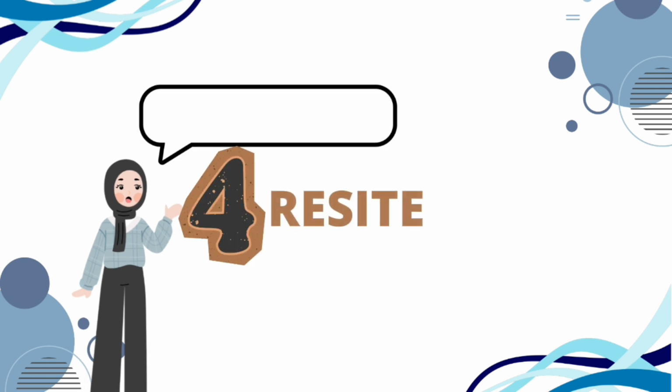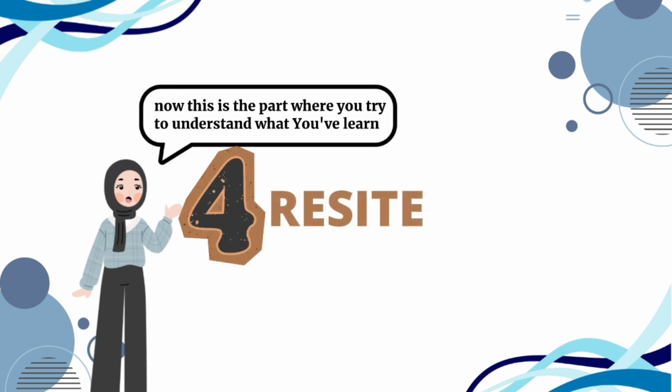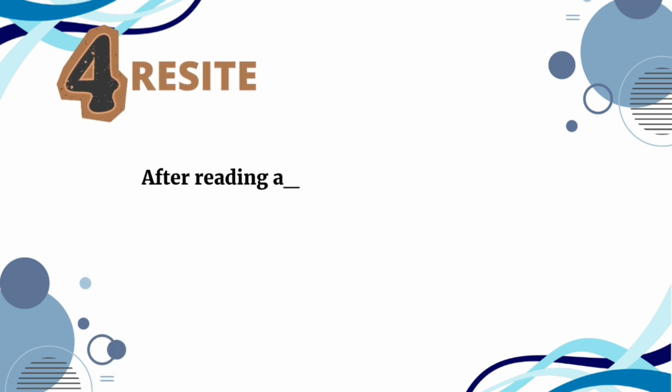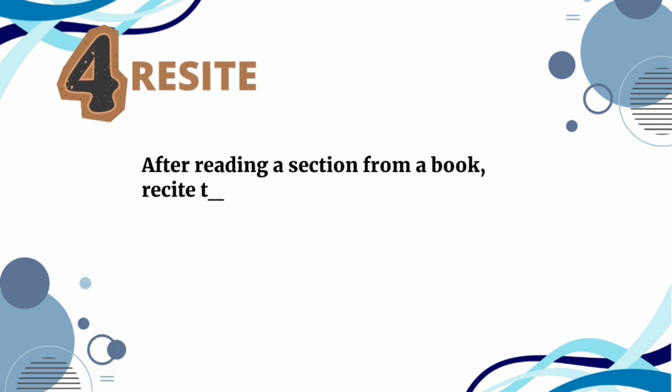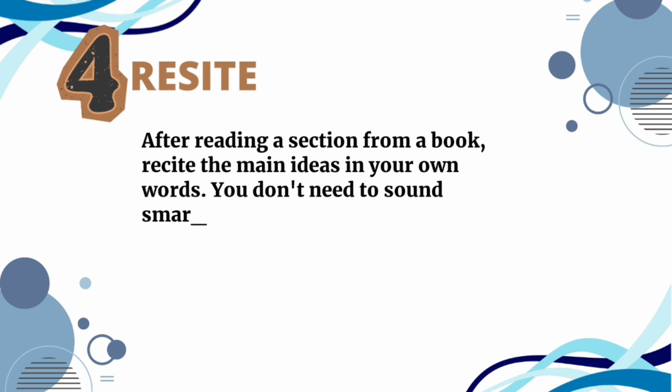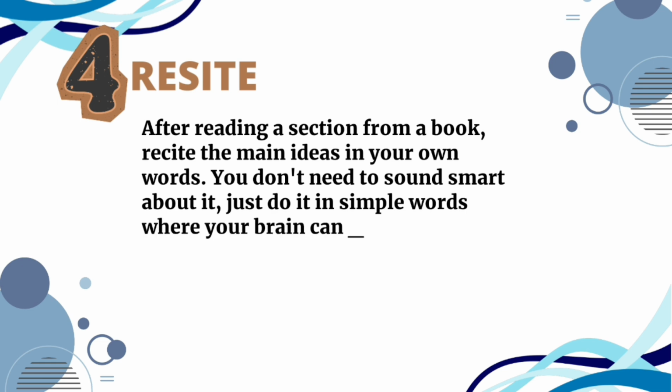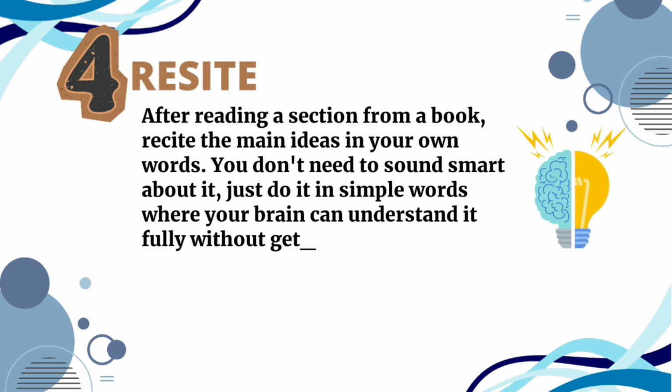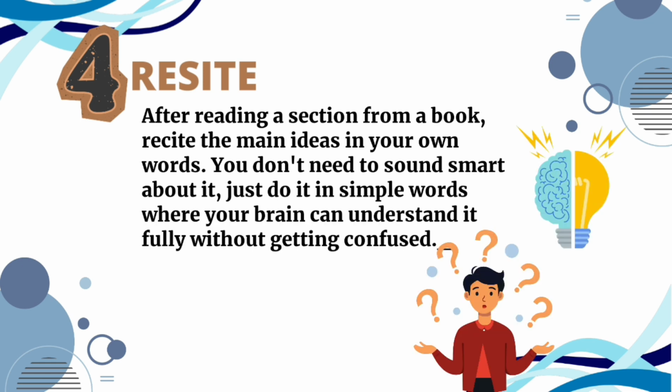Then the next step is recite. Now this is the part where you try to understand what you've learned. After reading a section from a book, recite the main ideas in your own words. You don't need to sound smart about it. Just do it in simple words where your brain can understand it fully without getting confused.